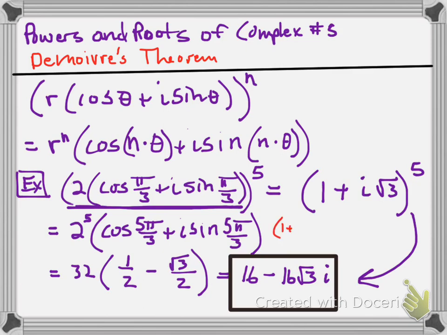So if I wanted to do this algebraically, I would need to do 1 plus i times the square root of 3 times 1 plus i times the square root of 3, etc. 5 times, right? De Moivre's theorem gives us a shortcut to doing that algebraically. And so the larger the power is, the greater shortcut we have in actually doing this. All right?